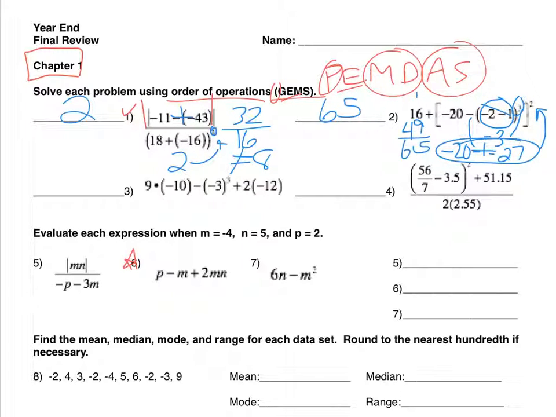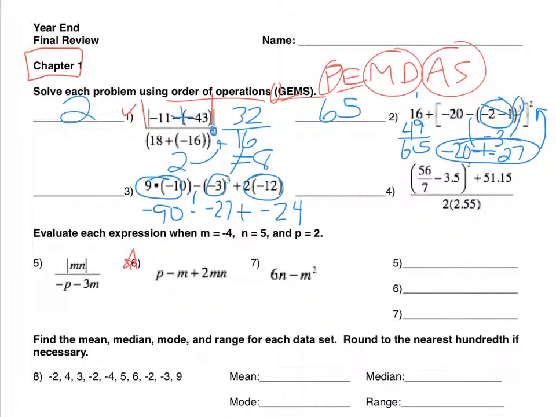Number 3, we have some exponents here. Let's start with this negative 3 to the 3rd power, which is negative 27. And then I'm going to tackle this multiplication problem right here, which is a negative 90. And I'm going to bring down that little minus sign. Don't forget that. Looks like there's another multiplication problem right here, which is a negative 24.